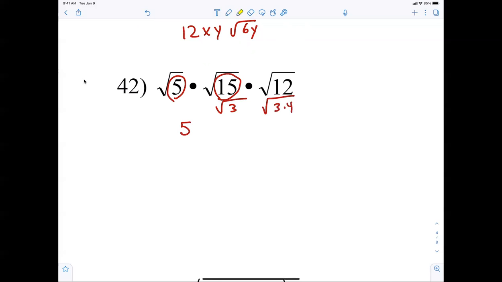The reason I say that is because there's a 3 here and a 3 here, so that comes out as times 3. And then what's the square root of 4? 2. So everybody take a quick look at that and make sure you're good. So that final answer is just 30. Everybody okay with that?